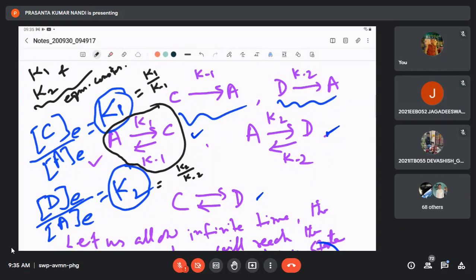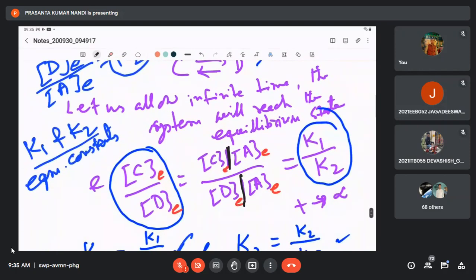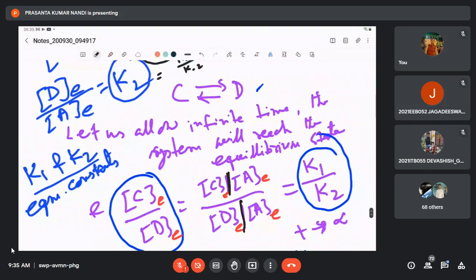Naturally, in this case, if you follow the simple algebra, the concentration of C by D would be equal to K1 by K2. That means C and D, the products, are also interconvertible. So in the second case, we are considering reversible reactions as well as the interconversion between the products C and D.